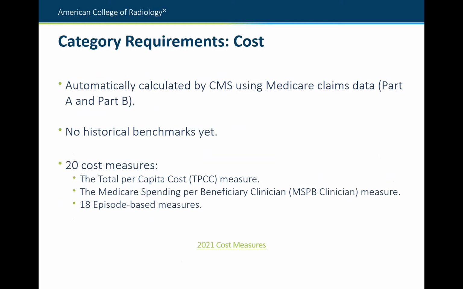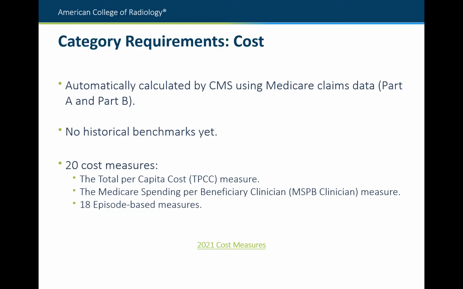All right, moving on to the cost category. As a reminder, this category is automatically calculated by CMS using Medicare claims data. There are no historical benchmarks for these measures yet, so I'm not sure how CMS is grading them. And we have 20 cost measures in the program this year. 18 are episode-based measures, and then one is the total per capita cost measure, and the other is the Medicare spending per beneficiary clinician measure.